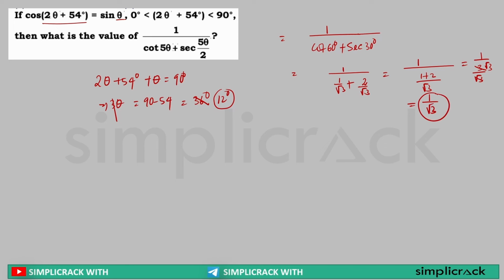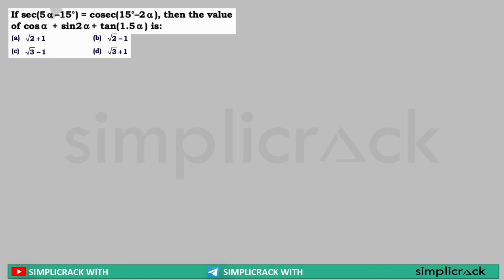Clear? Sorted? Next. Sir, it is saying sec 5α − 15 degrees is equal to cosec this much. Now, again the third relation: if α + β is equal to 90 degrees, then sec α is equal to cosec β, or sec β is equal to cosec α.